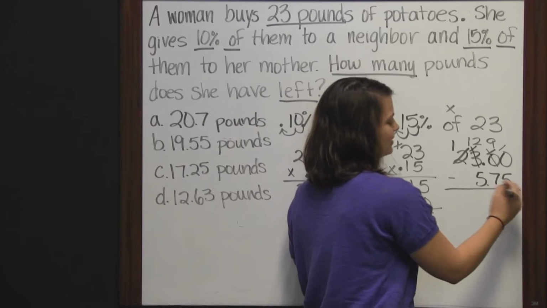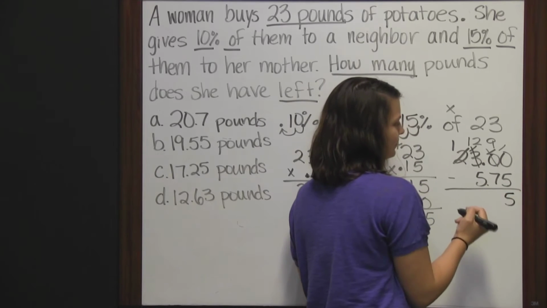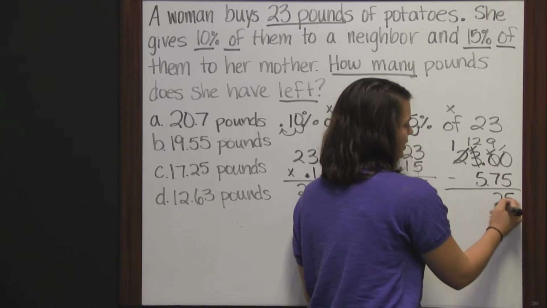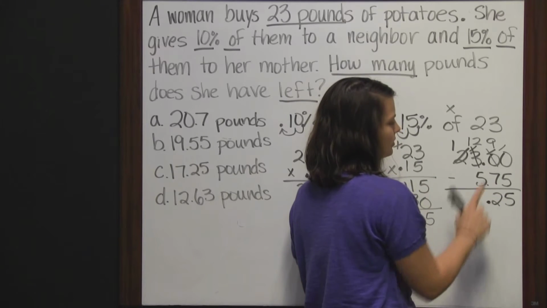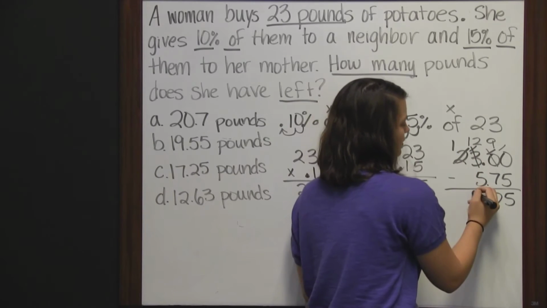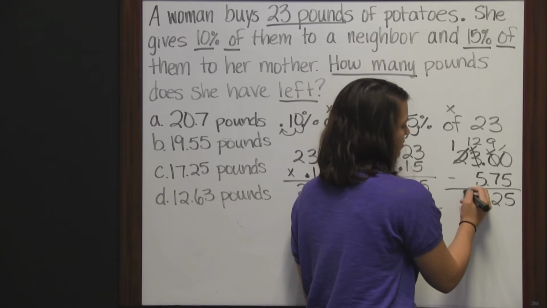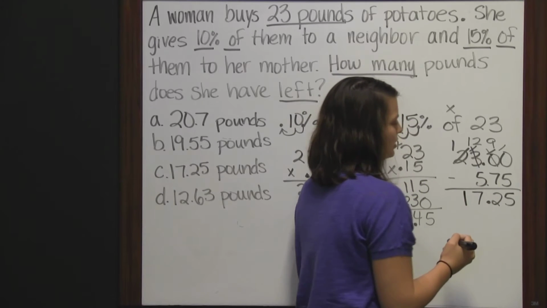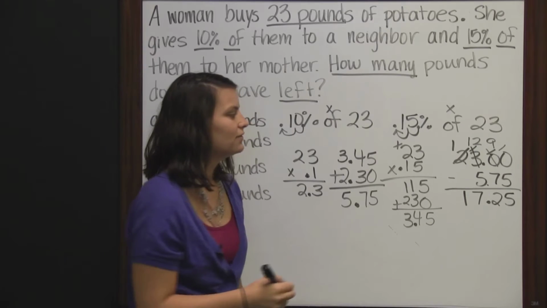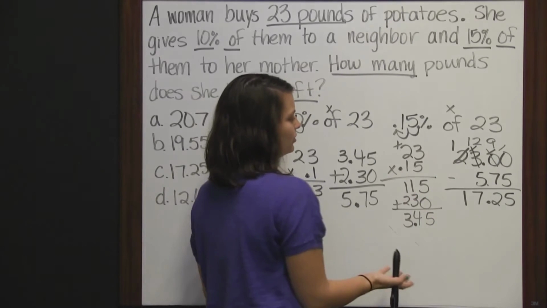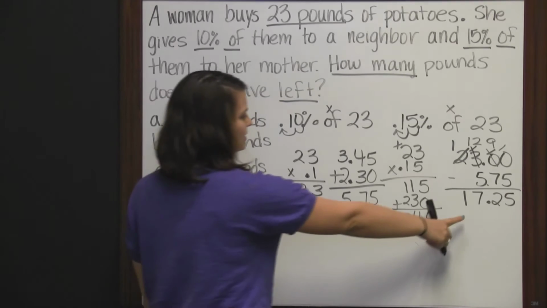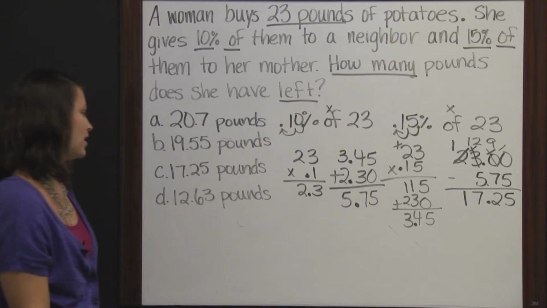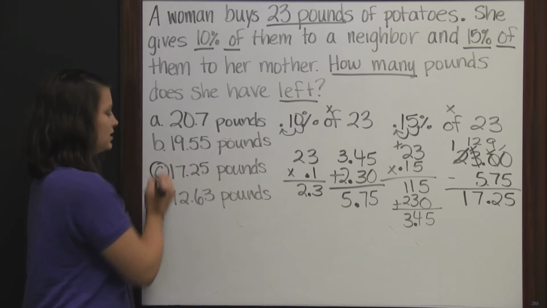So 10 minus 5 is 5. 9 minus 7 is 2. We bring that decimal down. 12 minus 5 is 7. And then we bring down the 1. So that means that after she gives away the 5 75 hundredths pounds to her neighbor and her mom, she's left with 17 25 hundredths pounds, which is answer choice C.